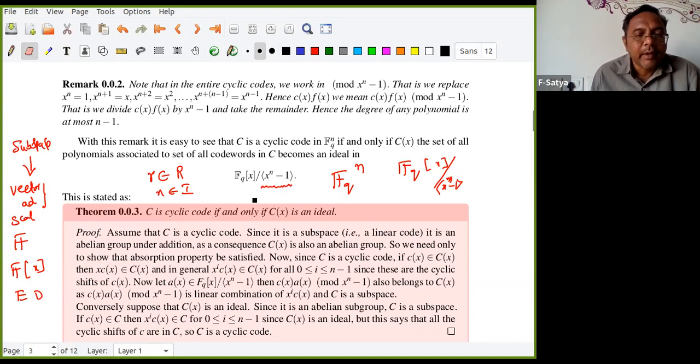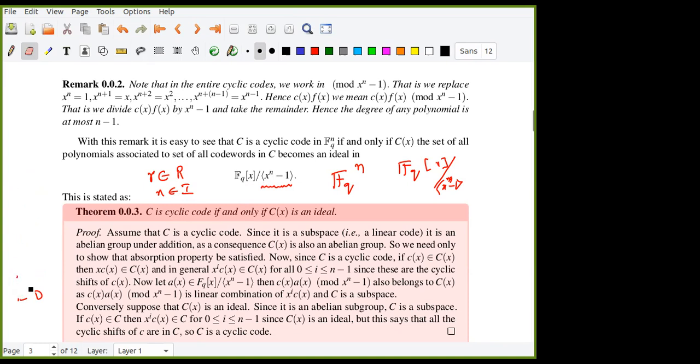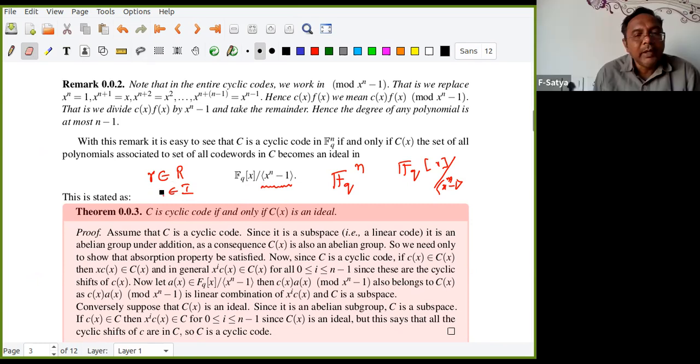My point is that the vector space structure is there. Addition and scalar multiplication are also there in an ideal. But can I have an extra property in ideals? In the ring we have multiplication also; I can multiply two elements. In a vector space do we have that?